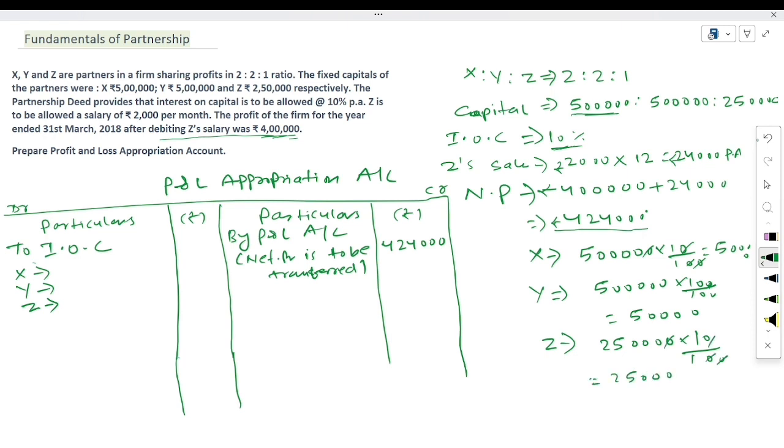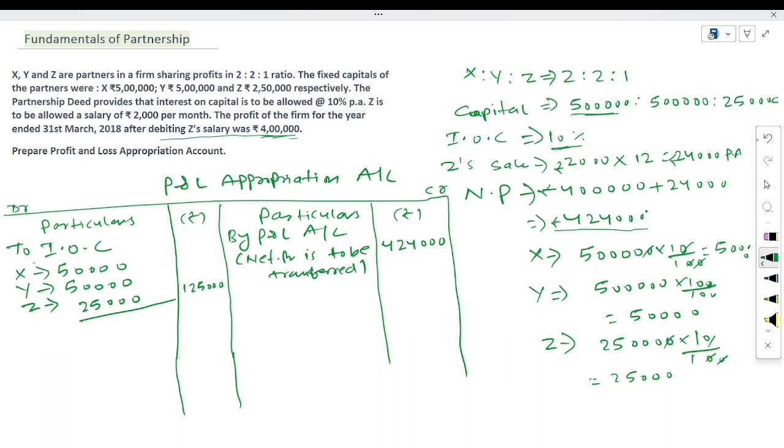25,000. So the firm will provide to X how much? 50,000 interest on capital. Y how much? 50,000 interest on capital. And Z how much? 25,000 interest on capital. So the total value of interest on capital will be 1,25,000.